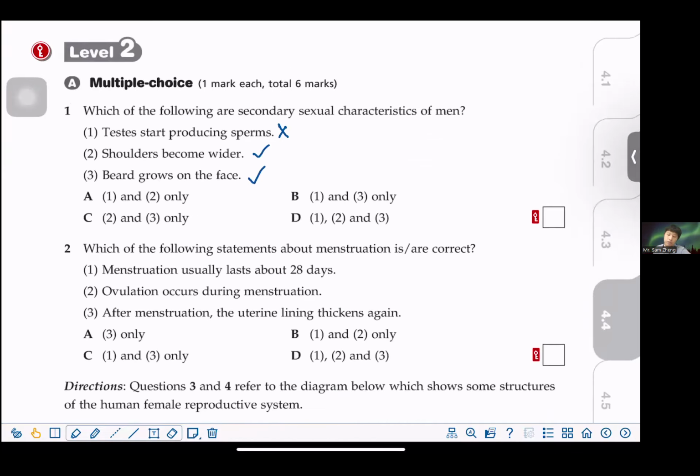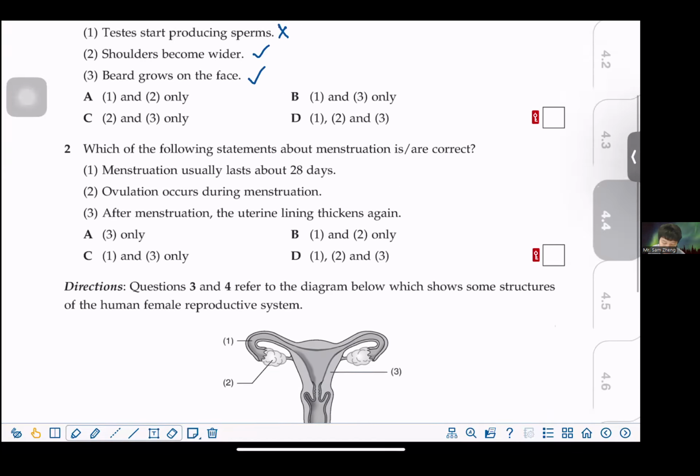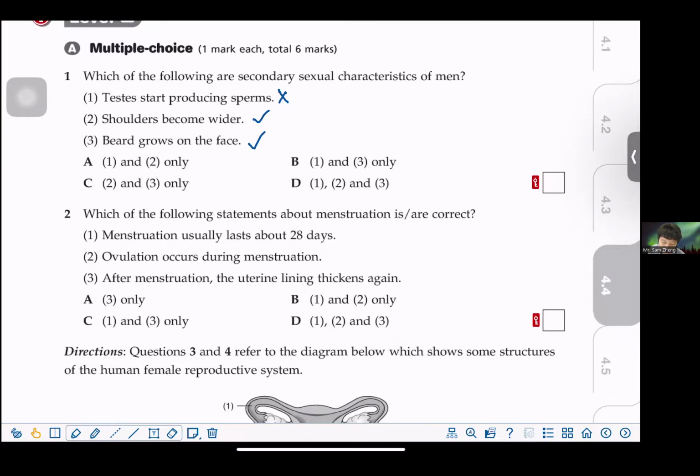Then, for the multiple choice, which of the following are secondary characteristics? Production of sperm is not correct. Shoulder, is what we call a sign of maturity.